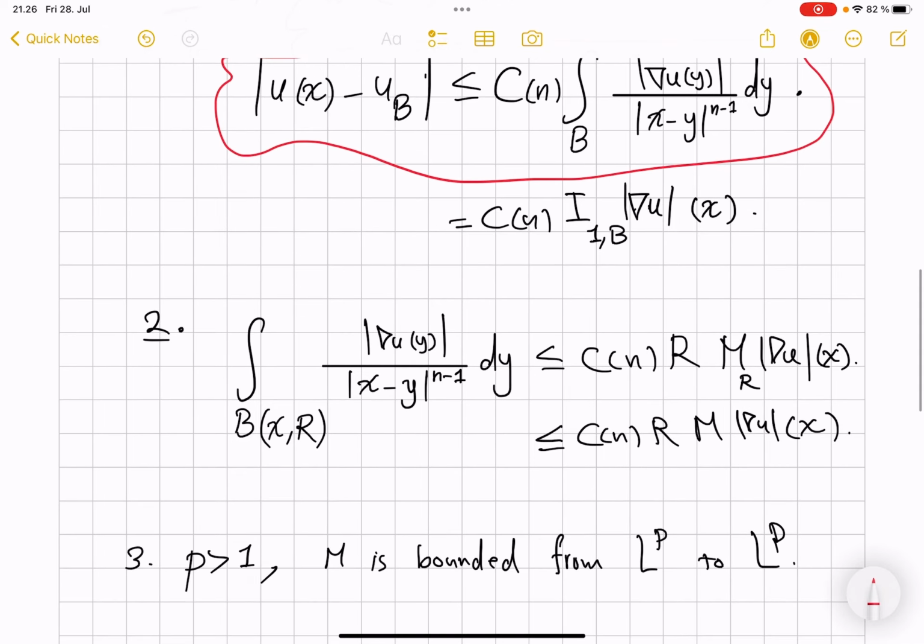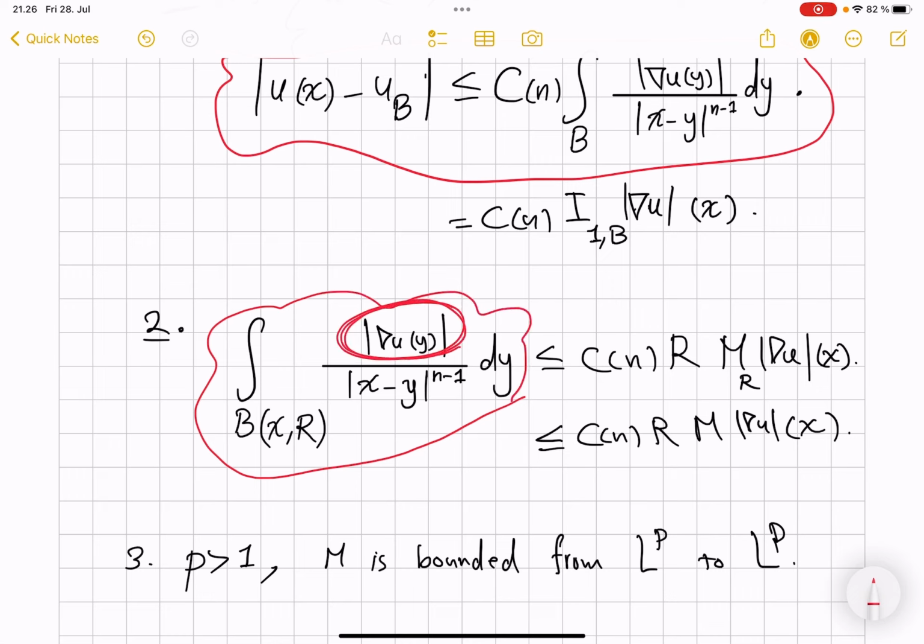Points 2 and 3 are just saying that this operator is bounded. Taking the gradient of u, which is something we know, and then doing this to that function seems at first a scary thing, but it produces only an L^p function, because it's bounded by the maximal function, and the maximal function itself is bounded from L^p to L^p.